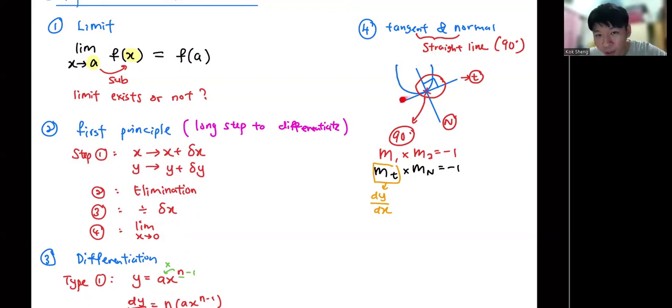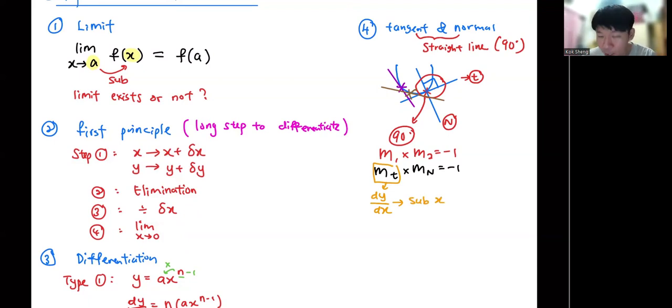It can be on this point, it can be on another line, let's say here, or maybe a different point, like here. You can see the difference, it can be a different tangent. So to find the gradient of the tangent for that specific line, you have to substitute the x to get the dy over dx for that tangent.